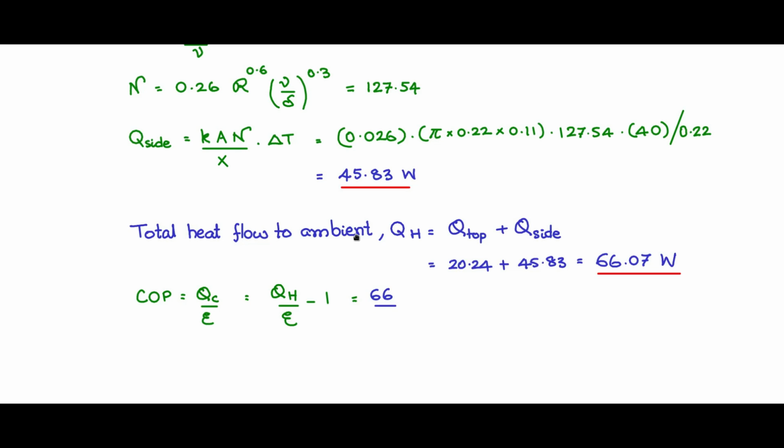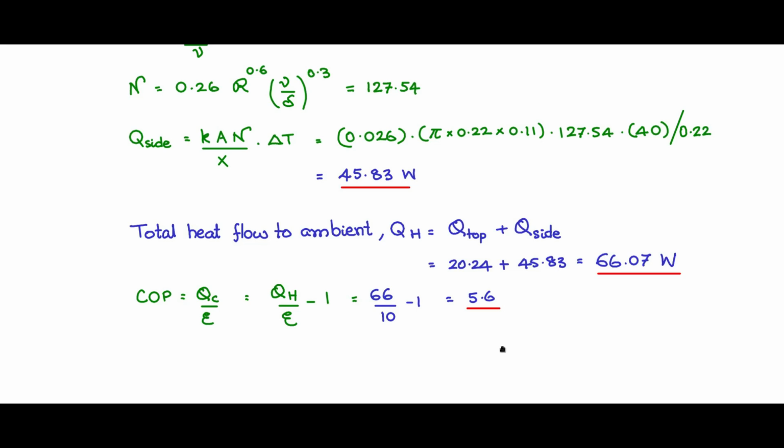QH is 66, E is 10 watts, let us say, being pumped into the electrical port of the Peltier element. You have 5.6. Now you see that it is vastly improved from the 1.44 of the earlier free convection case. So forced convection improves the coefficient of performance.